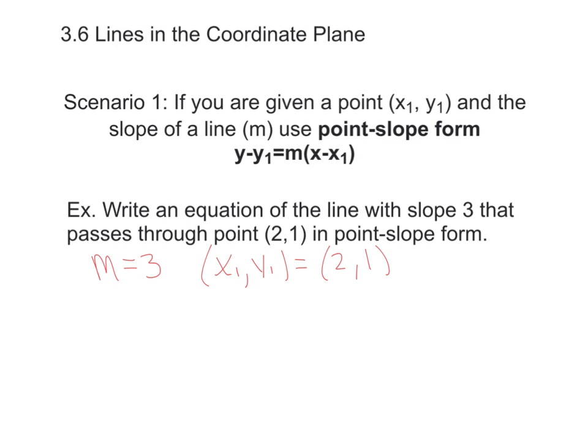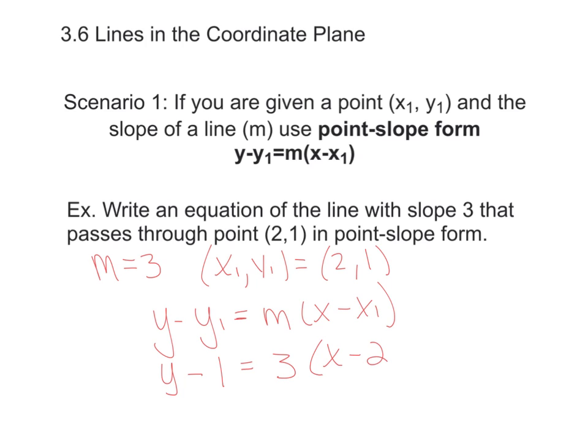So I'm just going to plug into my formula, y minus y1 equals m parentheses x minus x1. Y minus, my y1 is 1, equals, my m is 3, x minus x1 is 2.